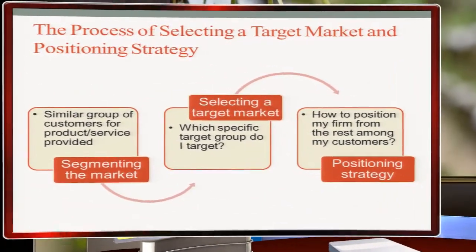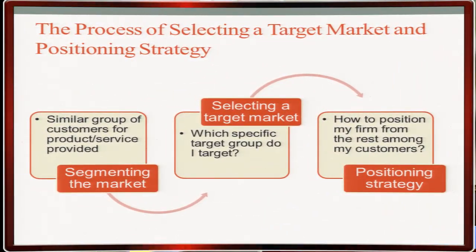This diagram that I'm showing you right now illustrates to us a step-by-step approach in market segmentation. It is very important to all of us to remember that in market segmentation, one needs to know one's product, and then who wants to buy our product, and they should be a similar group of consumers.